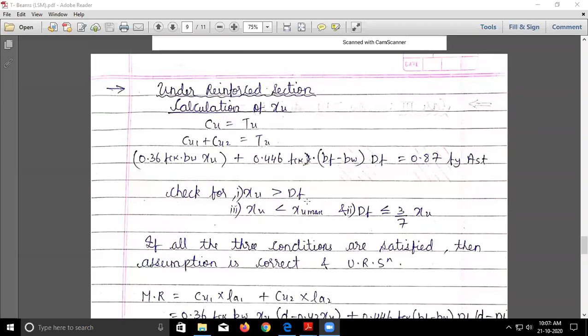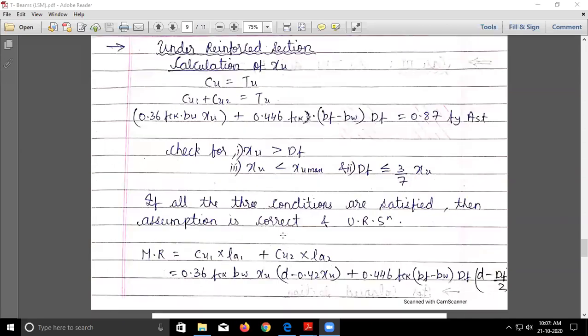Once you check all these three conditions are satisfied, then the assumption is correct and it is an under flange section. Is this clear? And then you can find out the moment of resistance. If either of these conditions is not correct, then you have to change the assumption.